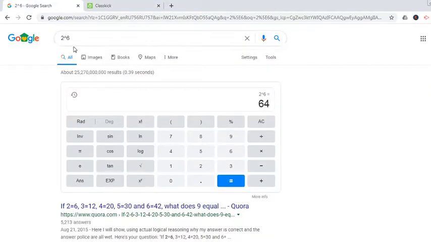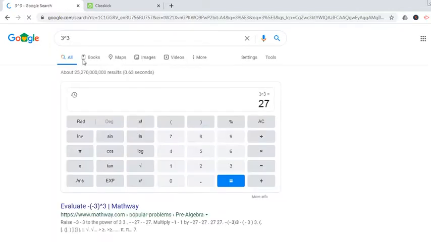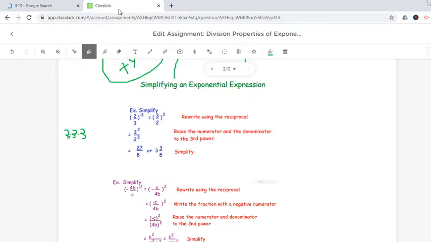So if we put it in our calculator, 3 to the third, 27. All right, so we have 27 right here. Another way to look at it, 3 times 3, 9. 9 times 3, 27. Then we have 2 to the third. So 2 times 2 times 2. 2 times 2, 4. 4 times 2, 8.